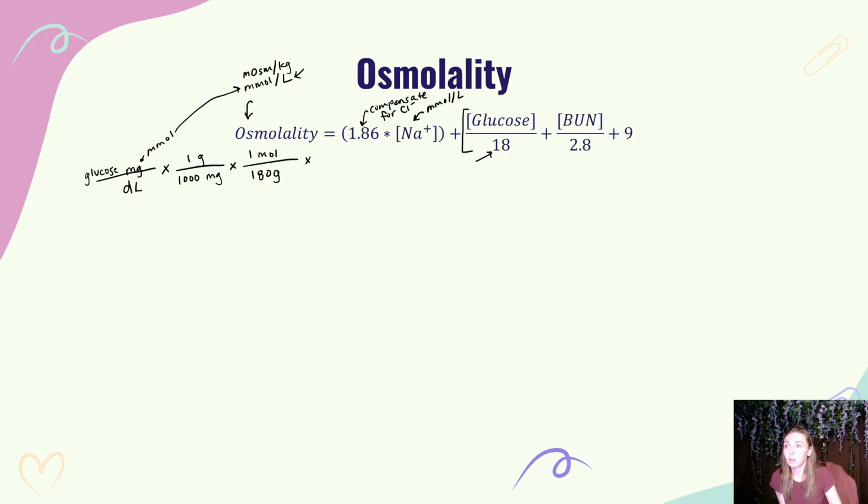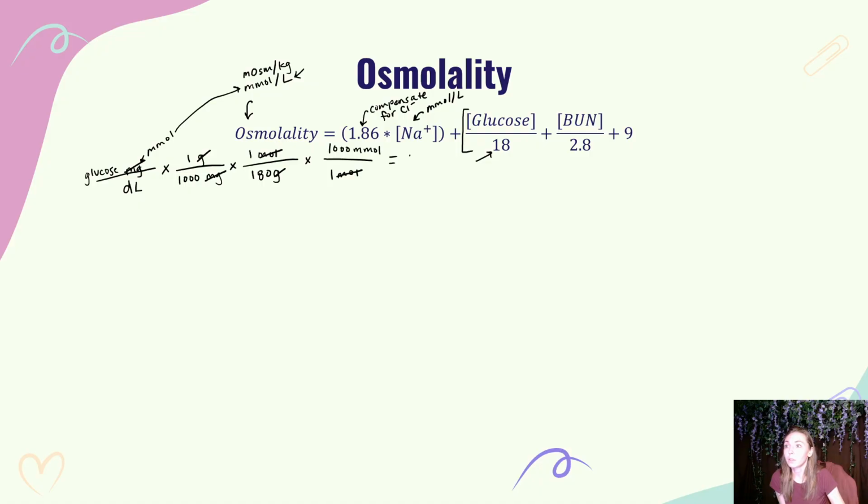And now I need to convert moles to millimoles. So 1 mole equals 1,000 millimoles. Milligrams will cancel out, grams will cancel out, moles will cancel out.